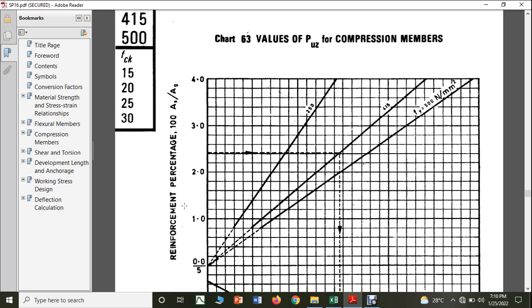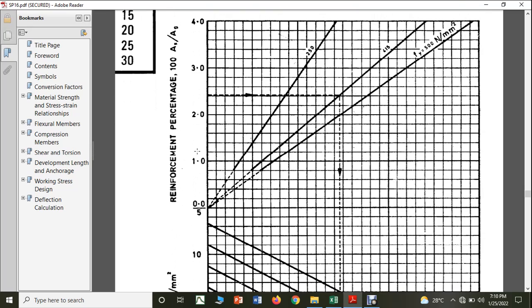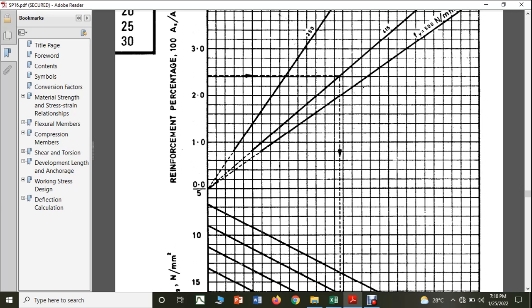You are going to get 1%, right? We have taken this 100 Ast by Ag, that is nothing but the percentage of steel, so that is 1%. You can see 1%, I am going to go like this. So this is going to cut this Fe 415 here.